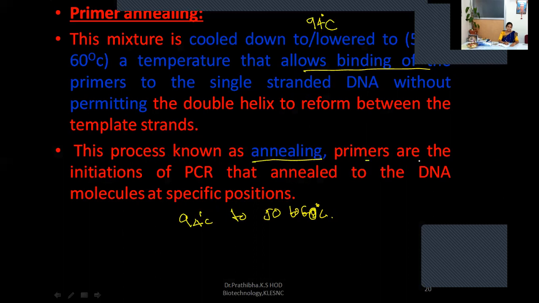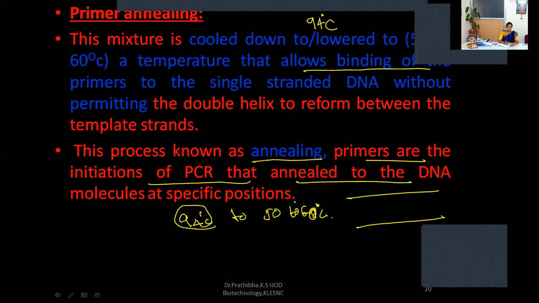Okay, here primers are the initiators of PCR that anneal to the DNA molecules at specific positions. For example, after the denaturation we got this kind of template DNA, right? When we subject it to 94 degrees Celsius, we got this single stranded template DNA.